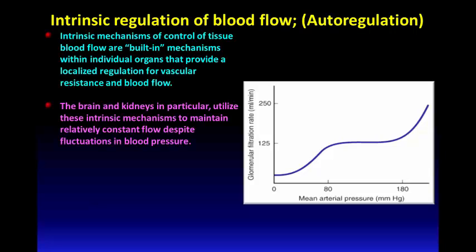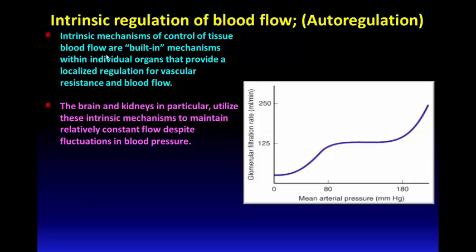The intrinsic mechanisms involved in the control of tissue blood flow are built-in mechanisms within the individual organs that provide localized regulation for the vascular resistance in that organ, and hence the blood flow through that organ.